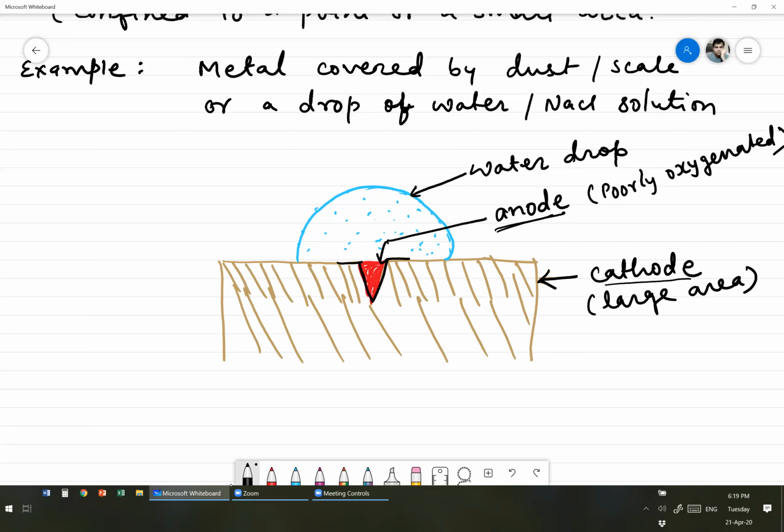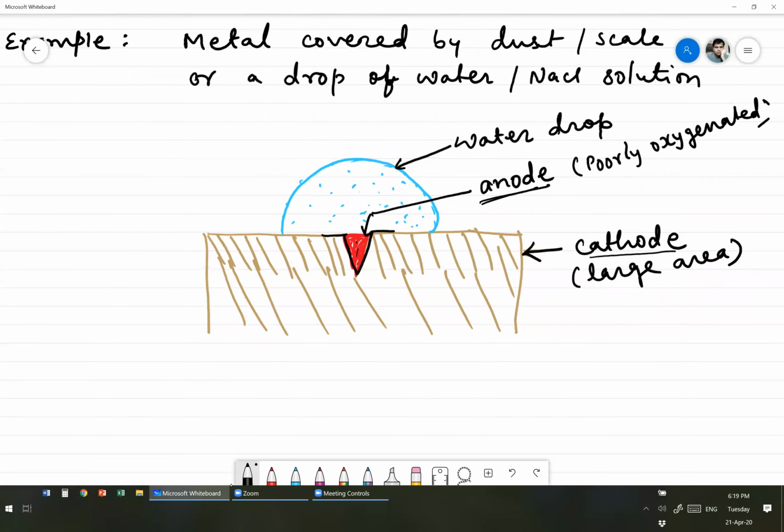So because of this reason, the metal keeps getting removed from the same spot, and as a result a hole or pit is formed on the surface of the metal. You can see here. I hope it is clear.